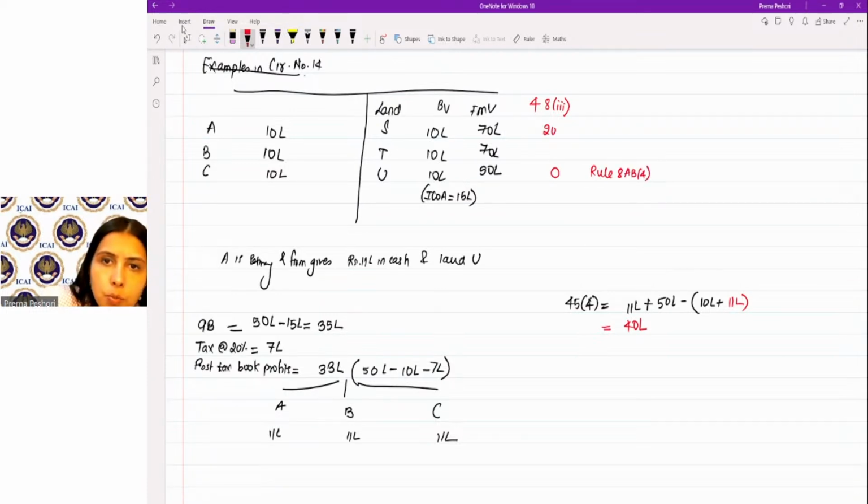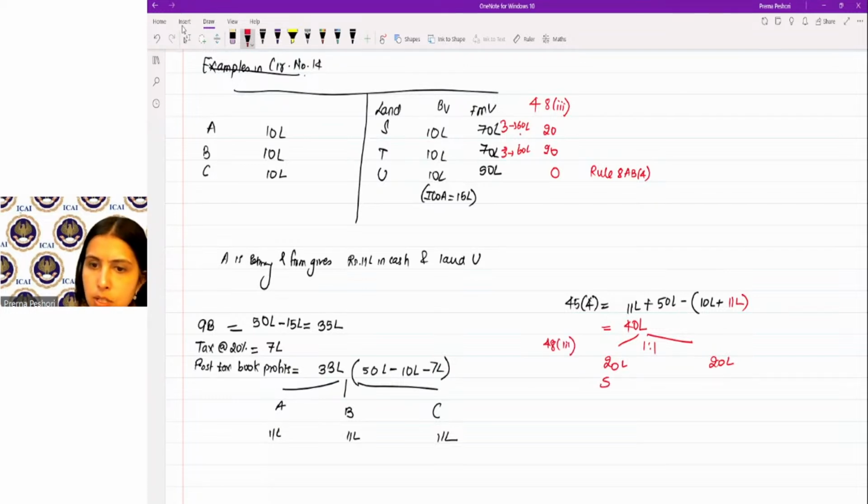And for this, 20 and 20, in the ratio of 1:1. So here, this is revalued by 60 lakh. This is also revalued by 60 lakh. So 60 lakh is to 60 lakh, which is in the ratio of 1:1. So 20 lakh and 20 lakh, this is my 48.3.